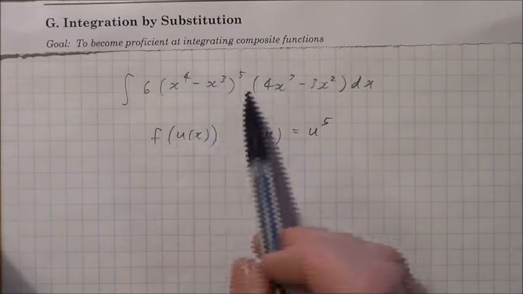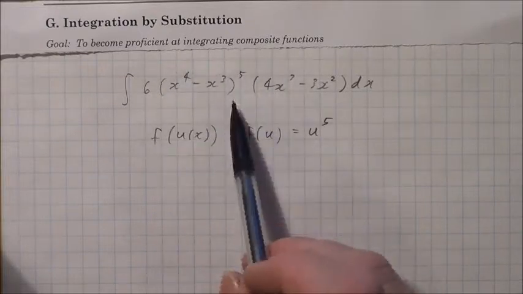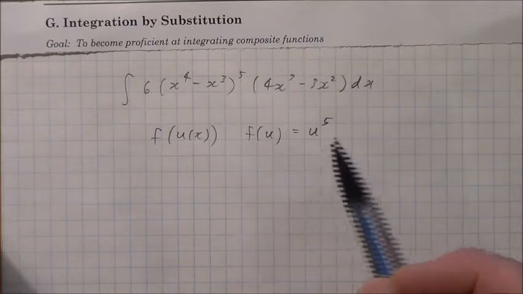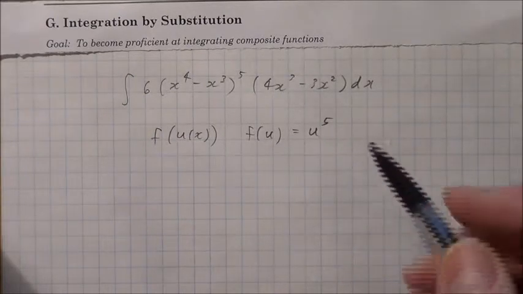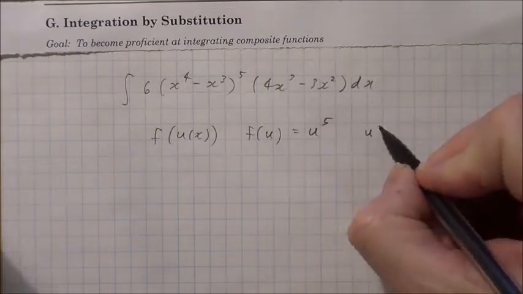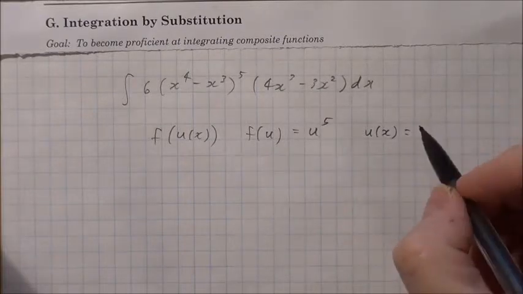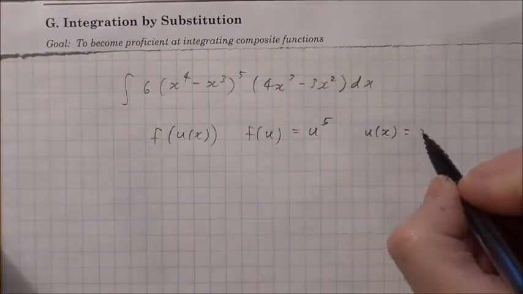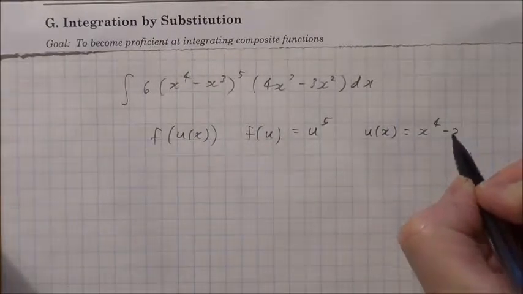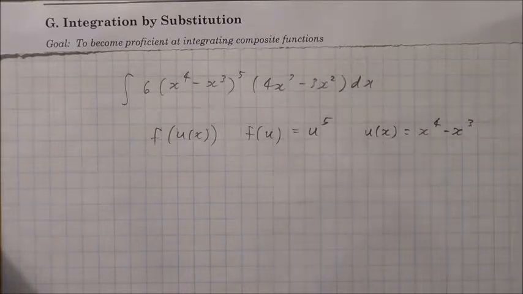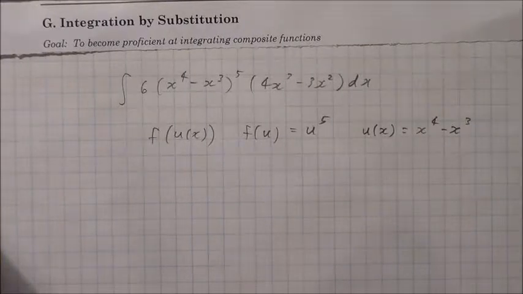So this is f of u of x here. F of u is u to the power 5, which means that u of x must be x to the power 4 minus x cubed. So we're just putting all that together as composite functions.